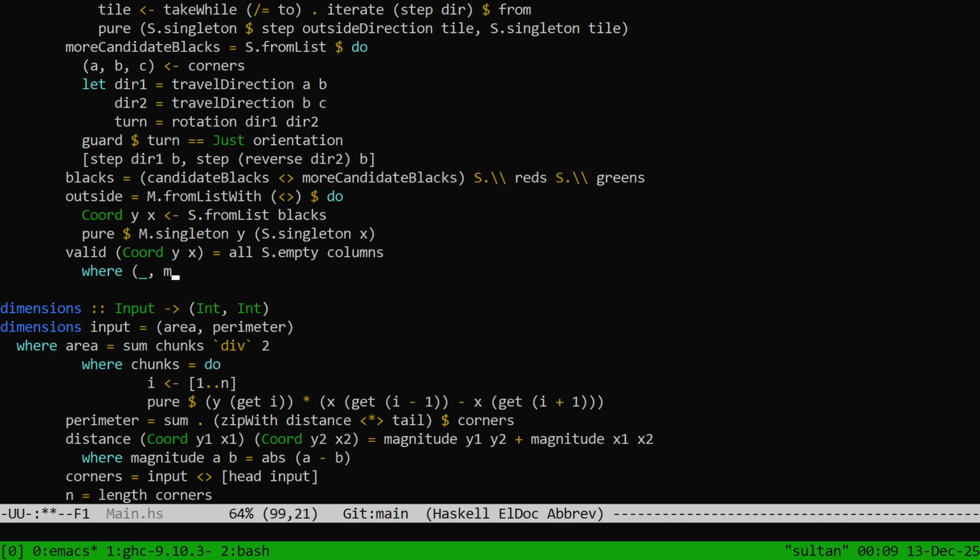I mean, like m prime. I'm gonna write m prime, m prime prime, m prime prime prime. Like there's gonna be a few of these, but m prime equals m dot split outside at y minus 1.